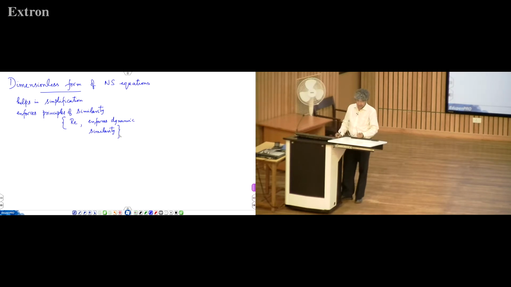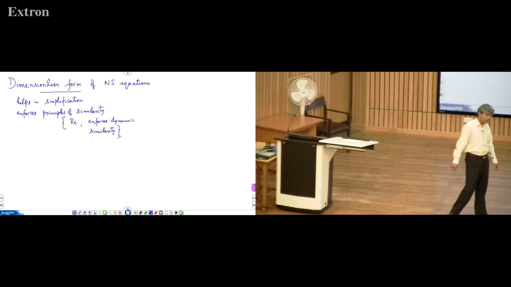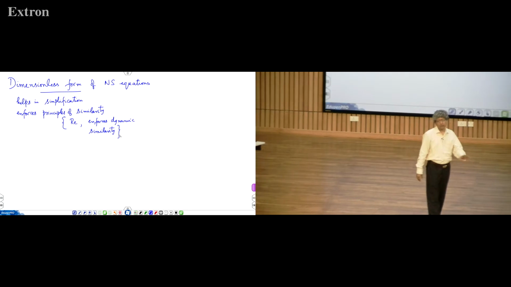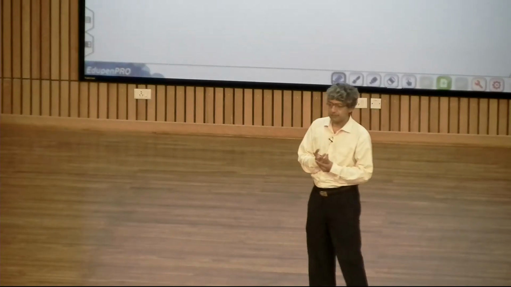So, as a result, the solution obtained in dimensionless form carries over from the model to the prototype. So, this is now happening in the framework of Navier-Stokes equations. Earlier, we did that in symbolic form. We said let drag be a function of rho, u, mu, etc. Now, that functionality is specified. How? Through or in the form of a solution of Navier-Stokes equations.